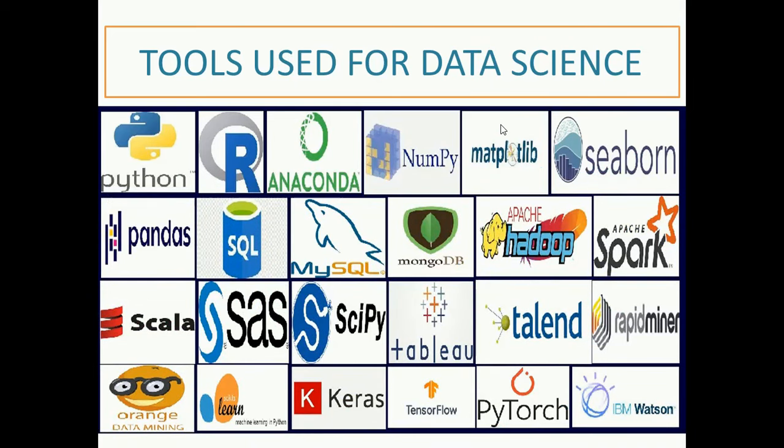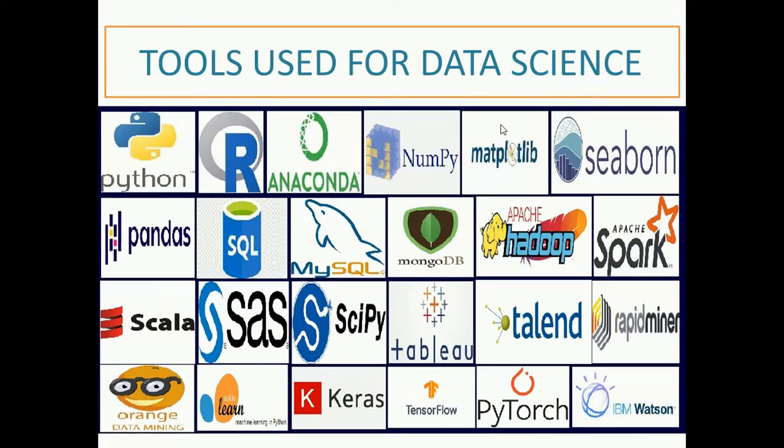What are the tools or technologies used for data science? These are some popular tools which are used for data science nowadays. Python is a general purpose programming language. R is also a programming language used for statistical data analysis.